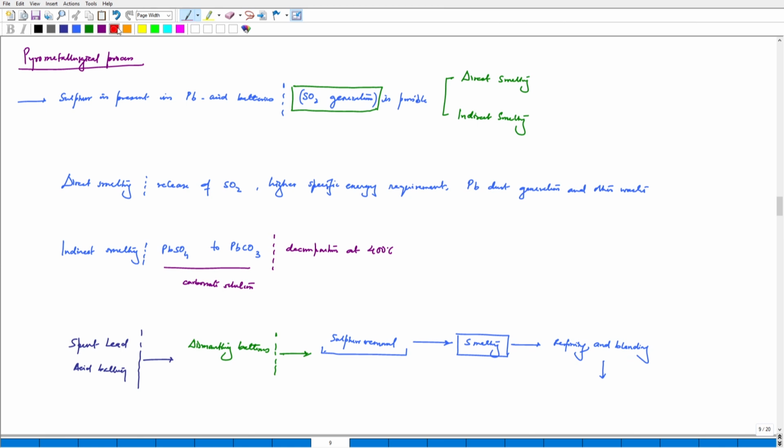This would give us the finished product, refined lead and alloys, wherein we are looking at nearly about 95 or above percent purity. So that is the product that we are looking for, and this we can achieve only after refining. A general temperature range is 300 to 700 degrees Celsius here.